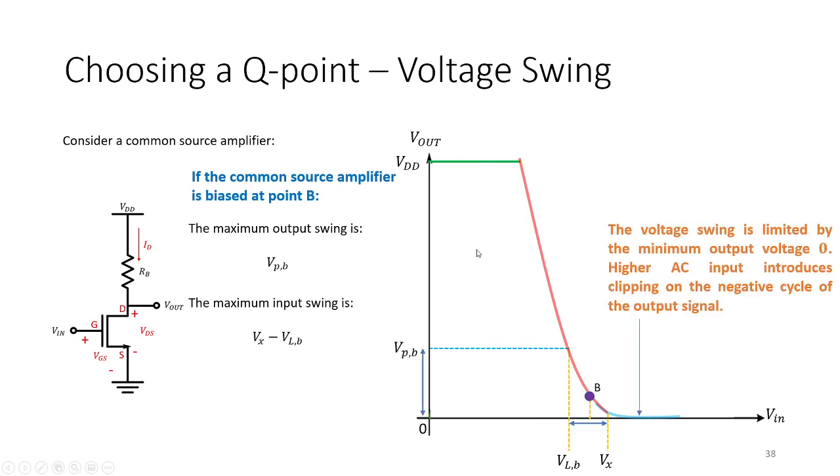So next up, how about we bias it to a very, very low value? For example, let's bias it here at VB, point B. If we introduce an input DC voltage here, shown at point B, the main problem now is that we expect the output swing to be limited to a certain VPB and then to 0, because this is almost asymptotic to 0.